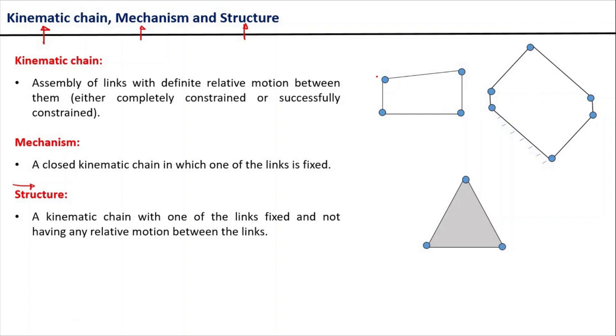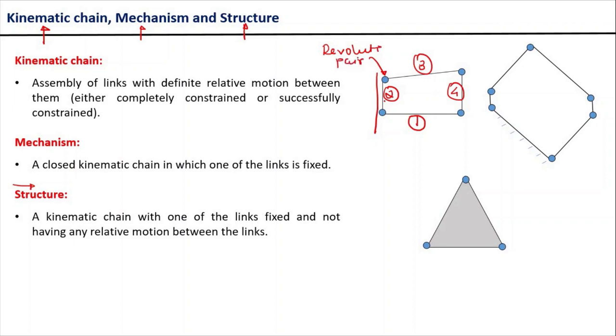In the first diagram, it is an assembly of four links, and these four links have a connection between them. This connection, represented by this dot, is simply a revolute connection or revolute pair.